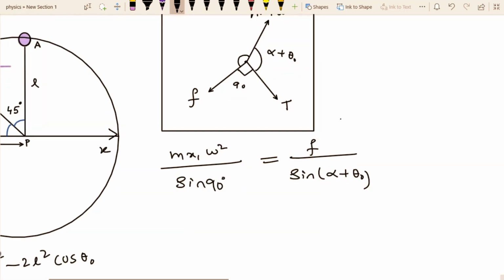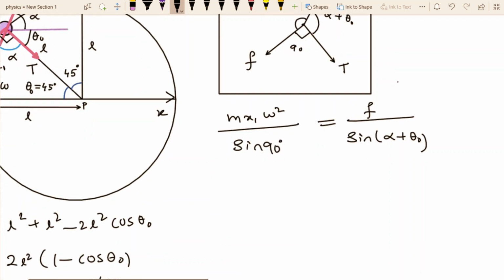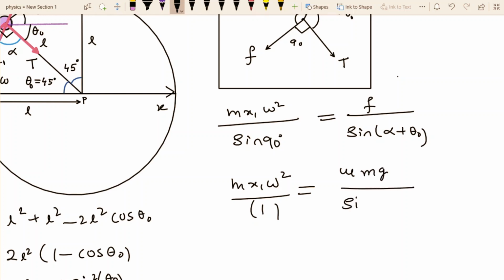The value of sine 90 is 1, we already know that, so we can directly put the value here: m x1 omega square by 1. Frictional force is mu into N, and N is mg. So you can directly write sine alpha plus theta naught here.